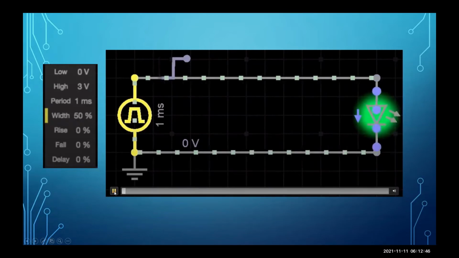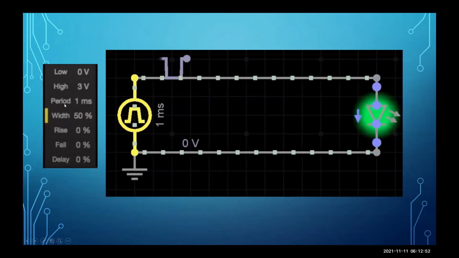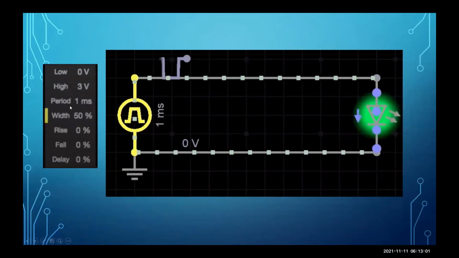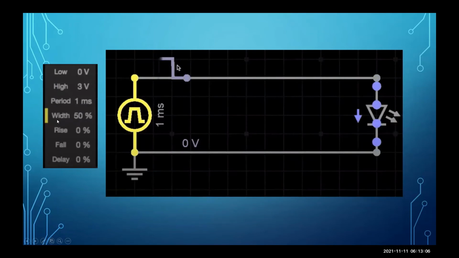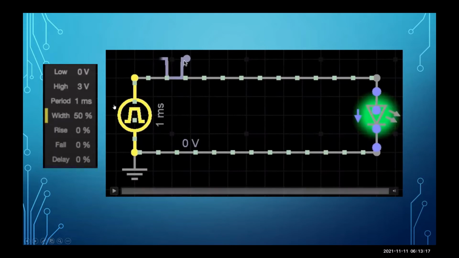We will look into the period a little deeper in upcoming slides, but for the time being, the period is a combination of an off and an on signal. So here we have 1 millisecond as the period, and the width is 50%. What is width? It is the on time, or the on percentage, in one cycle. We will be looking at that as well.